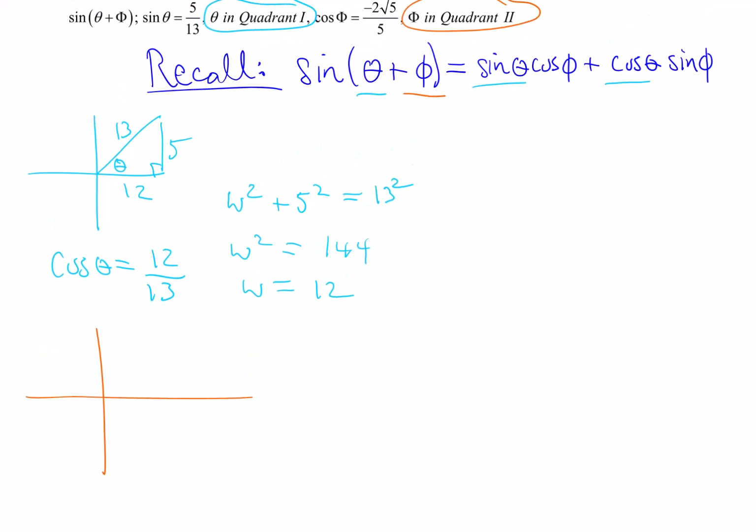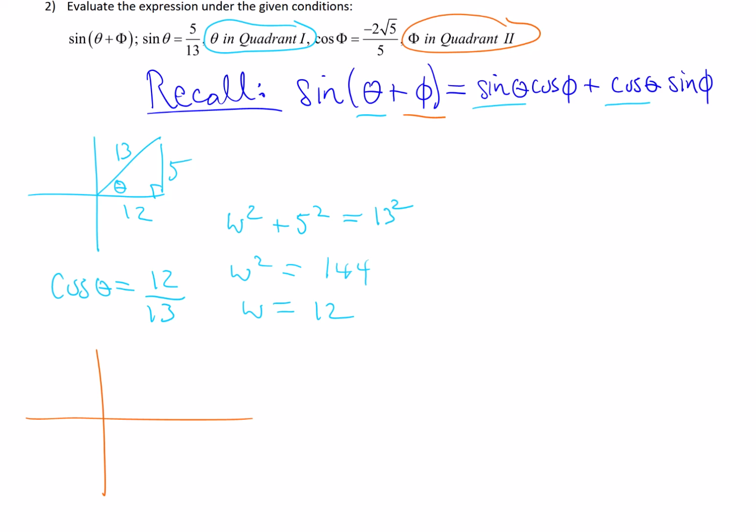If phi is in quadrant 2, then just like we did for the first diagram, we're going to draw a triangle, but this time in quadrant 2. So the upper left region, still a right triangle, central angle, but now it's phi, our central angle. And so that's where phi is in quadrant 2. And we're also told that the cosine of phi is negative 2 root 5 over 5.